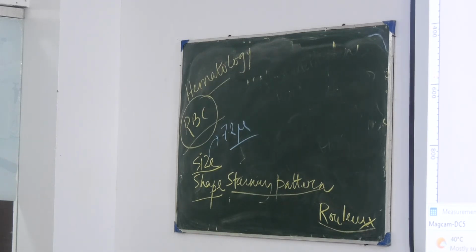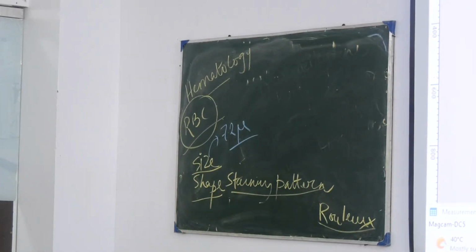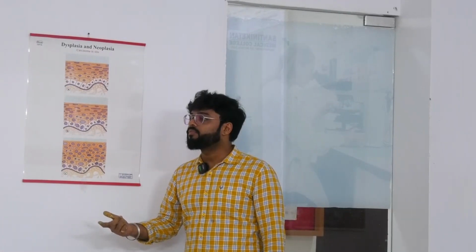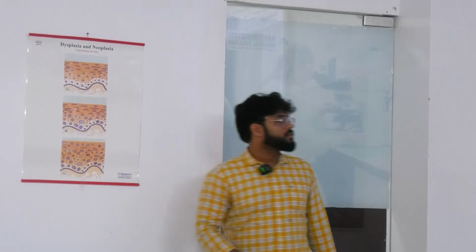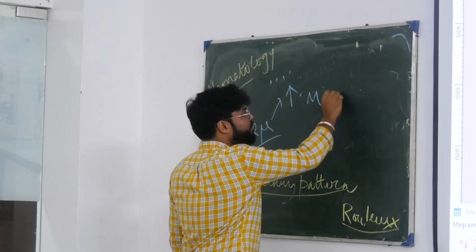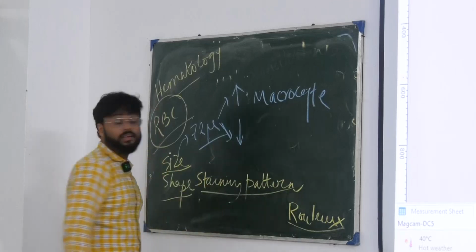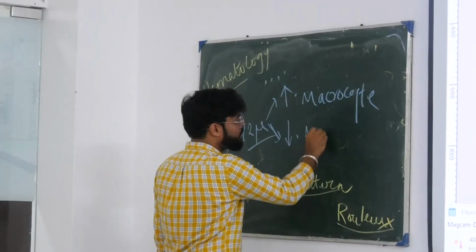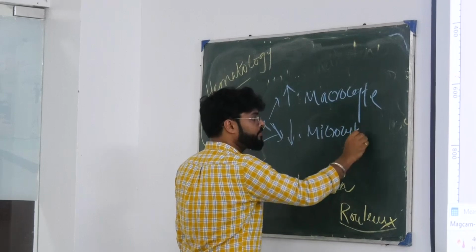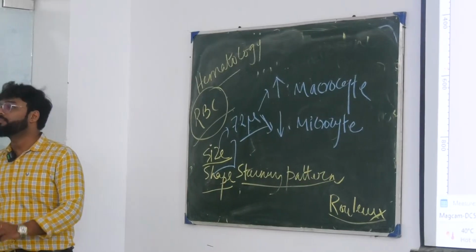So if the size is below the nucleus of the lymphocyte, it is known as microcytic, and if it is above the size of the nucleus of the lymphocyte, it is macrocytic. So if it is more, it is known as macrocyte, and if it is low, below 7.2, then it is known as microcyte.